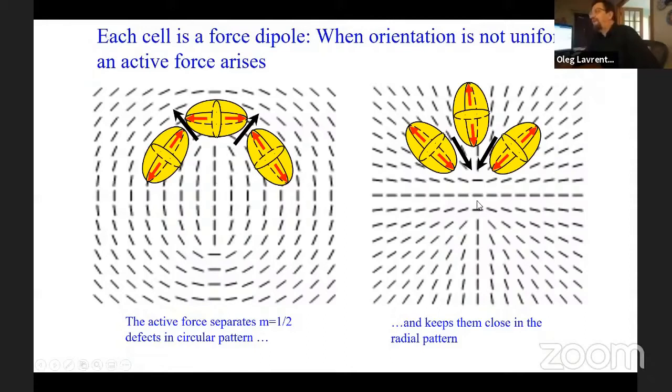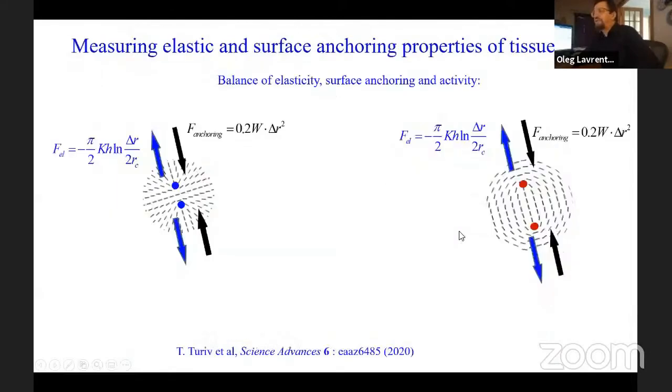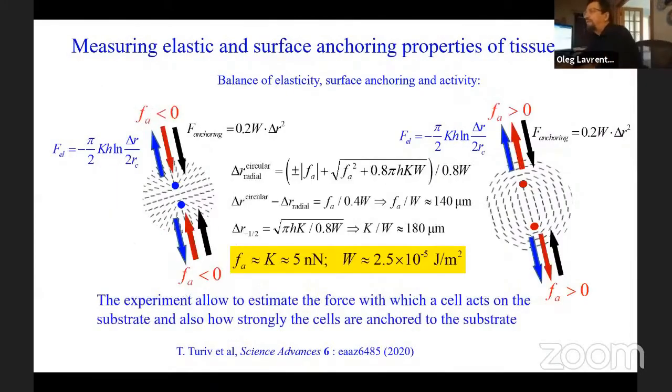If they are in the radial configuration, the active force moves them towards the center. And the simple physical model that connects the balance of the elastic forces and the active force allows us to deduce the elasticity of this coating and the strength with which the orientation of cells is maintained in the substrate.